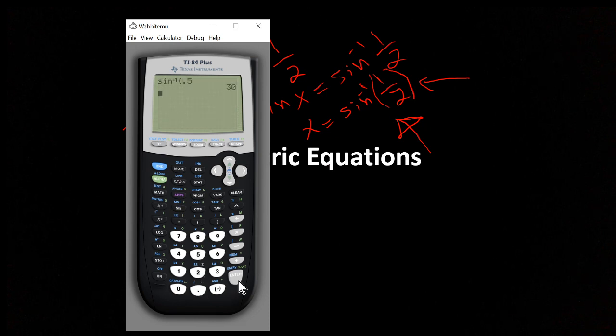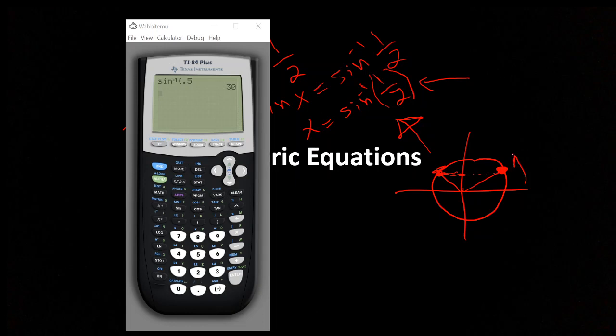So you know it's 30 degrees, and we kind of knew that if you think about it in the unit circle, sine 1/2 is about right here. So the question is, what angles have that sine 1/2? Well, it would be this angle, and there's another one, and that one is about right there. So now with the calculator, and also maybe you memorize it.